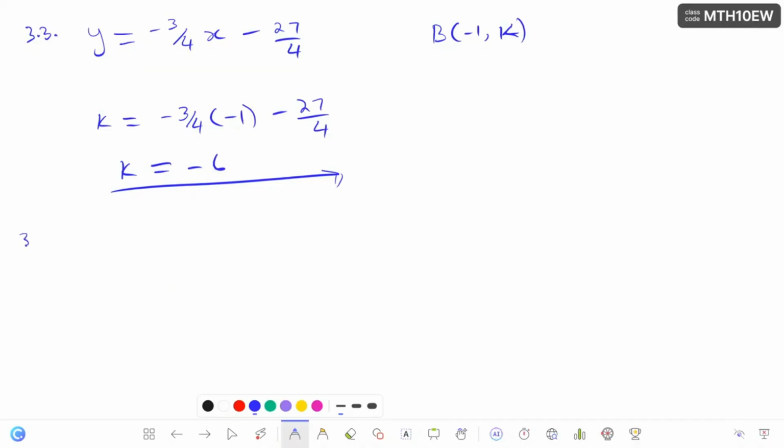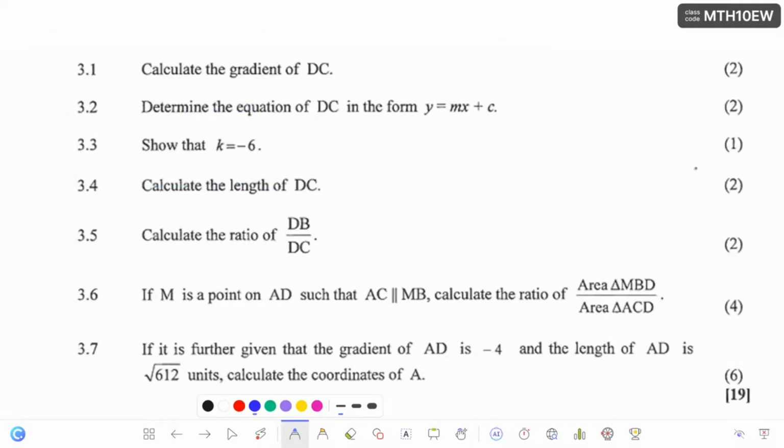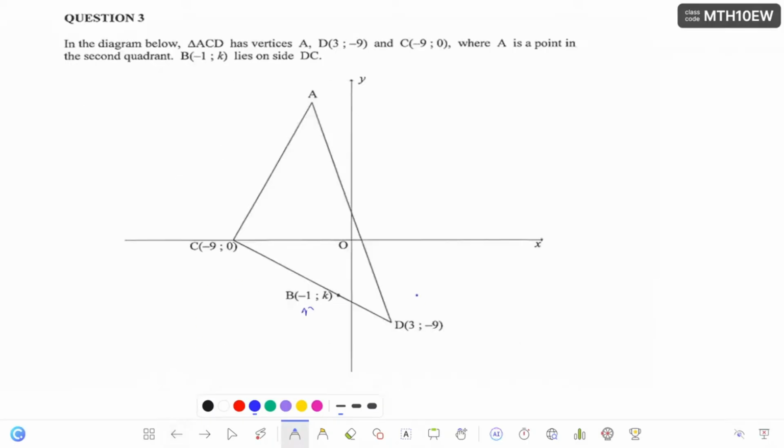Moving to 3.4. They said calculate the length of DC. Okay, DC. We are going to use the coordinates, this one and this one, to calculate the length.